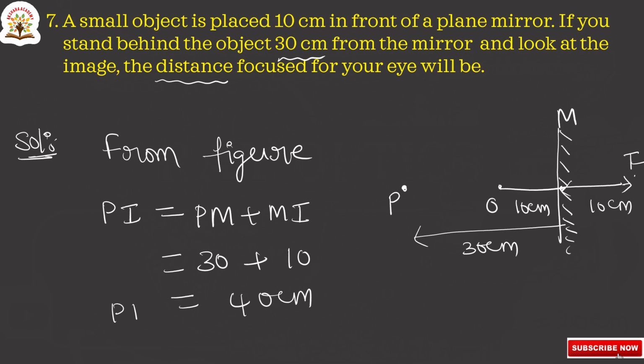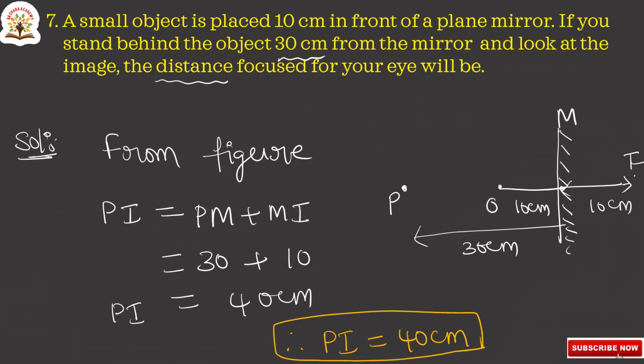So this is the distance of focus for your eye, 40 centimeter. Therefore PI is equal to 40 centimeter. What is PI? Distance of focus for your eye. Okay, next we will go to the next question.